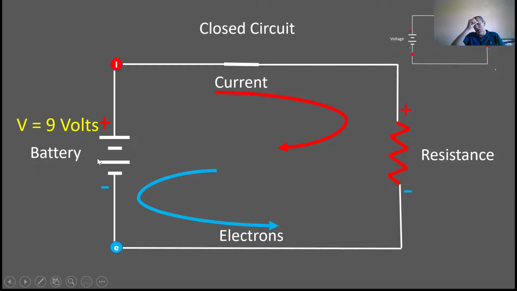So let's say we have a 9-volt battery, and let's say we have 1 amp, and we want to know what resistor we can use in this circuit. To determine this resistor, we go to Mr. Ohm's law.